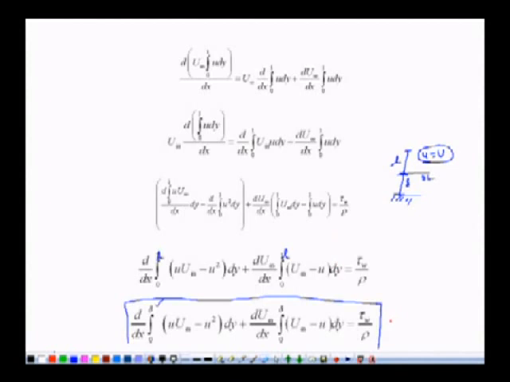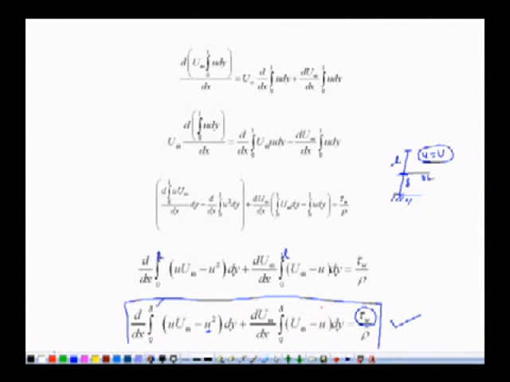We can solve this equation and find tau w and delta, etc. Now how can we solve this equation? For solving it we must know u. How does this u vary? Then we can substitute this velocity profile in this equation, integrate it, and get some desired value.